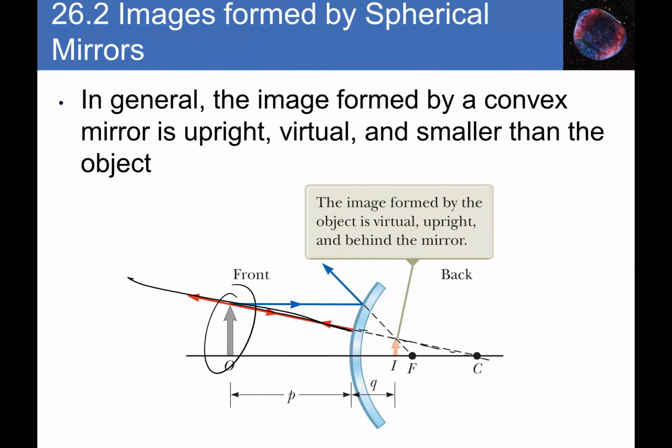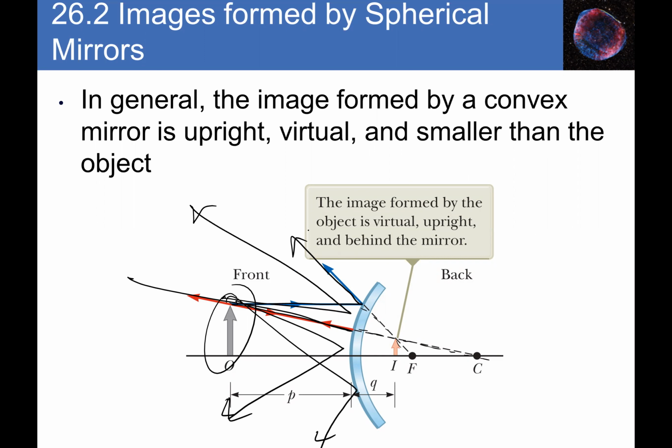We extend it, trace it back, and then the other one has to go to the focal point, but the focal point is again on the other side. So it reflects, and then you trace it back, because all the light, when it interacts with this convex mirror, is always going to diverge away. That means it's never going to converge somewhere in front of the mirror. The only way the light will converge is if you trace it back, extend it behind the mirror, and find a virtual image. All right.